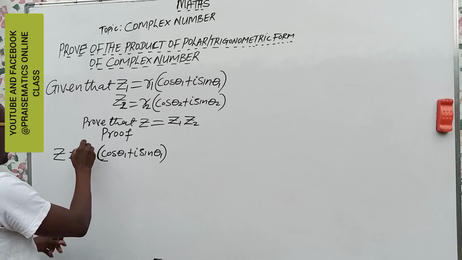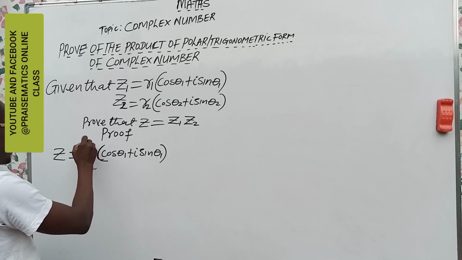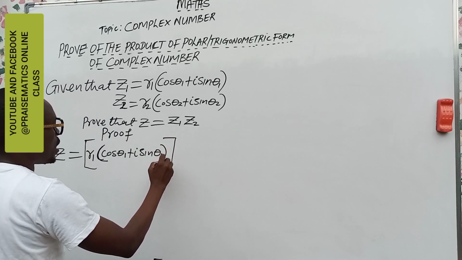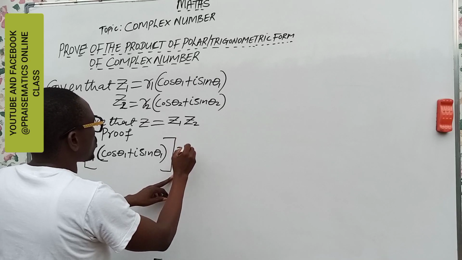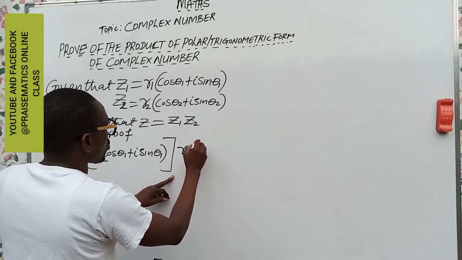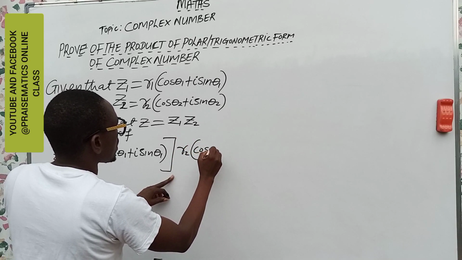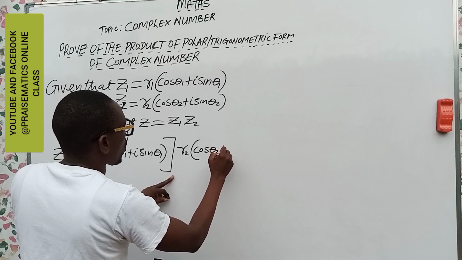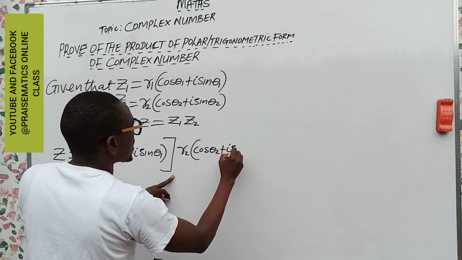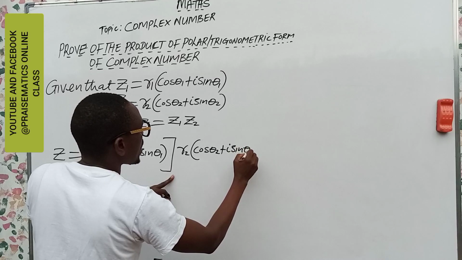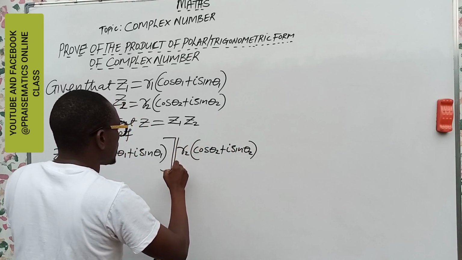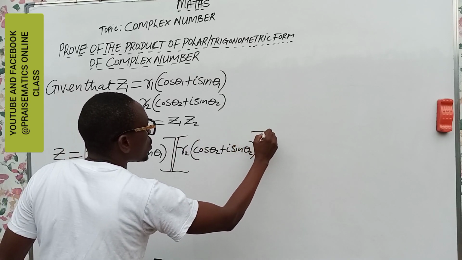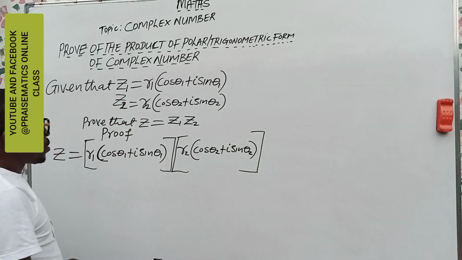So we are going to multiply this into Z2, which is R2 into cos theta 2 plus I sin theta 2. Close it. So we are going to multiply this with this.